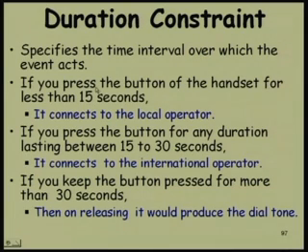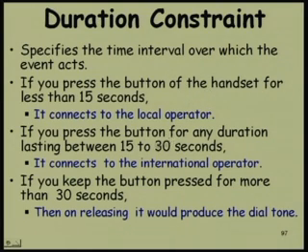Now, if you press the button of the handset for less than 15 seconds, you just flash the button, then it connects to the local operator of the hotel, where you can request some call to be established or a fax to be sent.